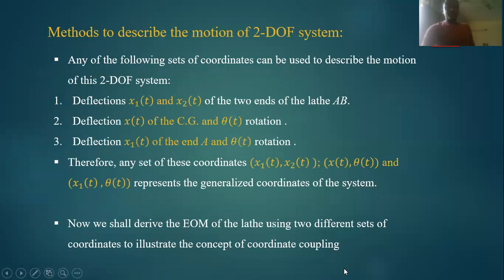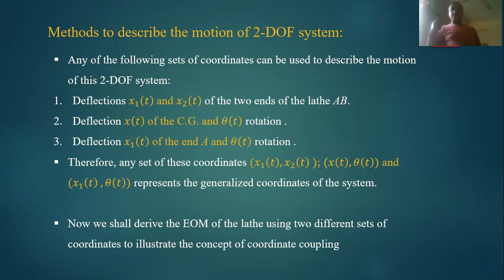Now there are many methods to describe this motion. One is considering the deflections x1 and x2 of the two ends A and B. The second is considering the CG as our point of analysis, with x of t and theta of t, the deflection of the CG point and the rotation about the CG.